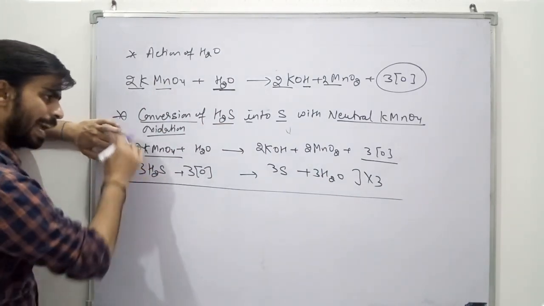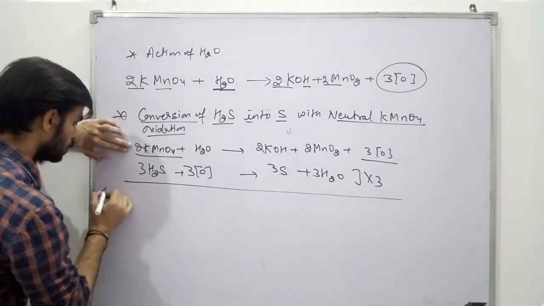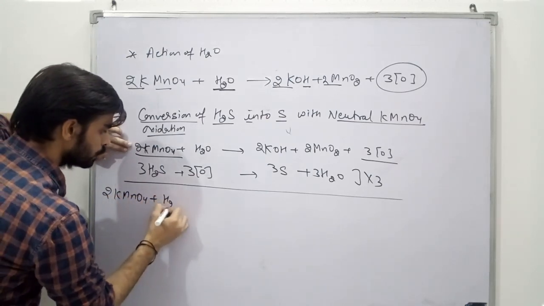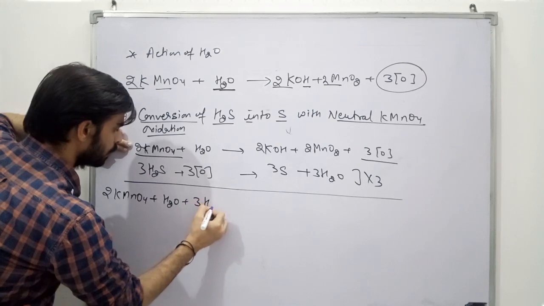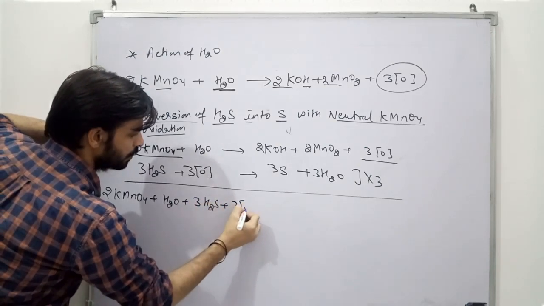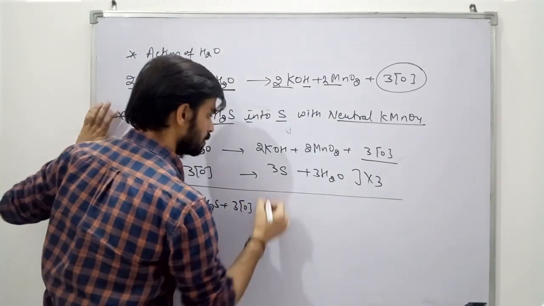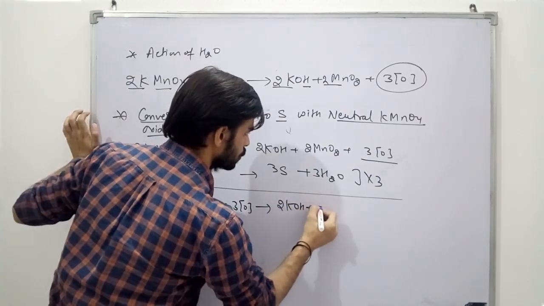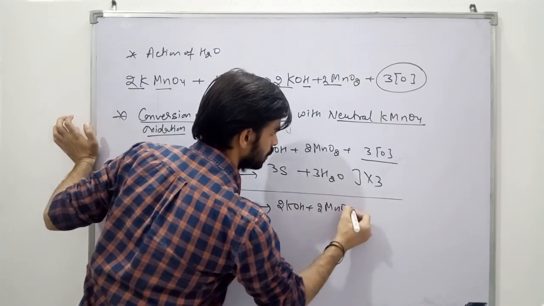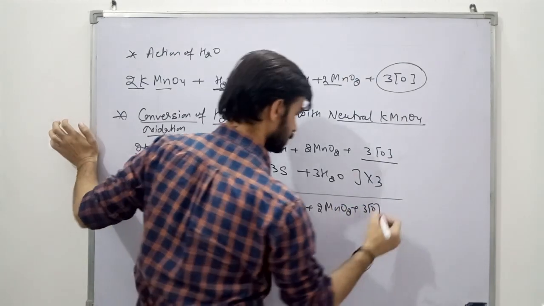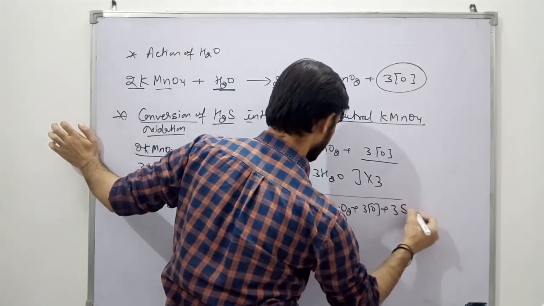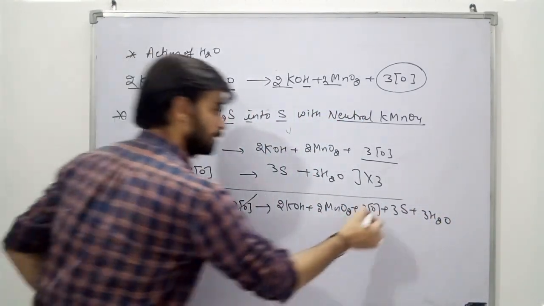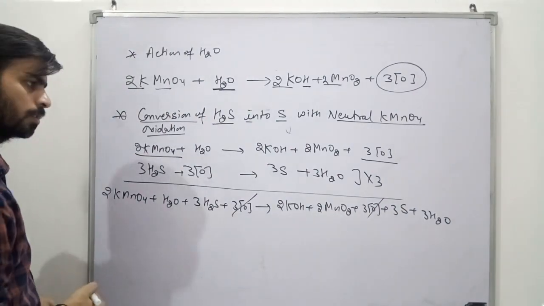Now add these equations and we have twice of KMnO4 plus H2O plus 3 times of H2S plus 3 times of nascent oxygen. Also on the right side we have twice of KOH, twice of manganese oxide, 3 times of nascent oxygen, 3 times of sulfur, 3 times of H2O. Now the 3 nascent oxygens cancel out.